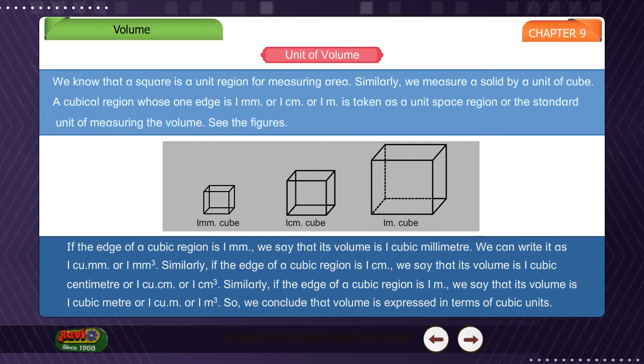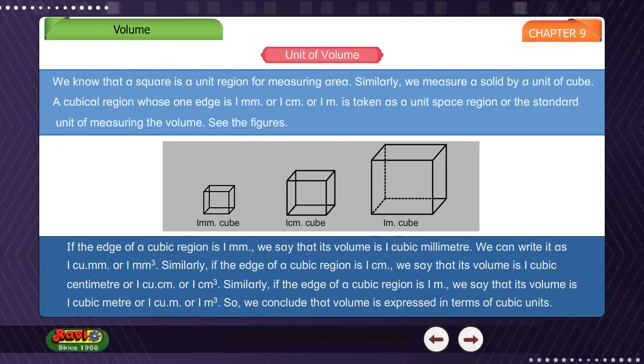If the edge of a cubic region is 1 millimeter, we say that its volume is 1 cubic millimeter. We can write it as 1 cu.mm. or 1 mm cube. Similarly, if the edge of a cubic region is 1 centimeter, we say that its volume is 1 cubic centimeter or 1 cu.cm. or 1 cm cube.